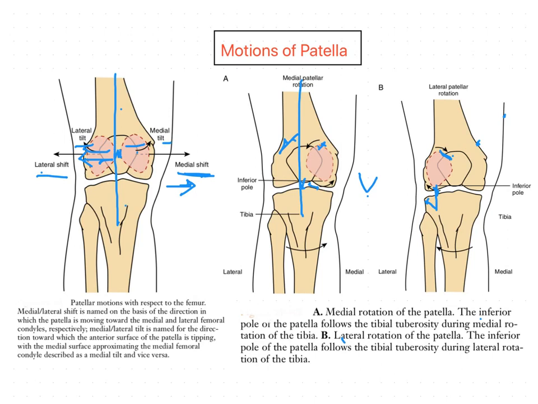As knee flexion proceeds past 30 degrees, the patella may shift slightly laterally or remain fairly stable. The patella shifts as the knee moves from full extension into flexion.